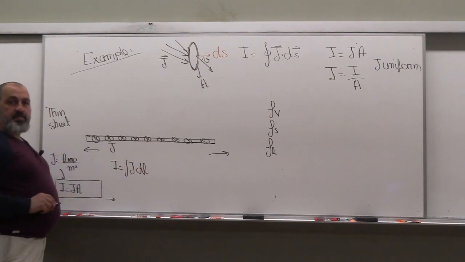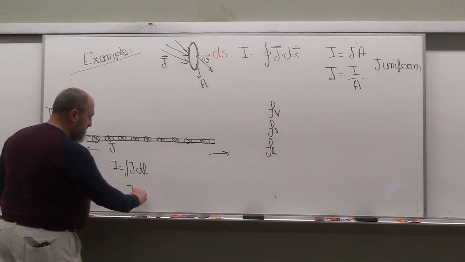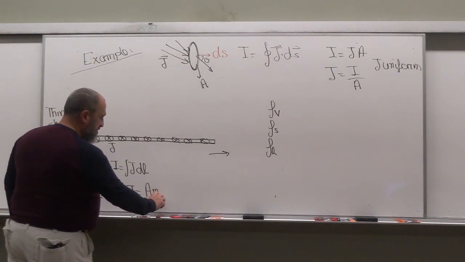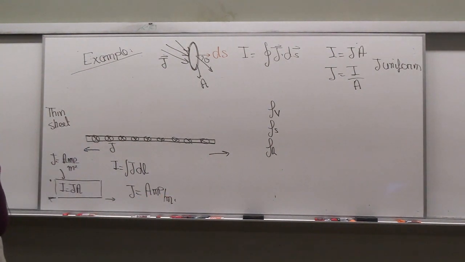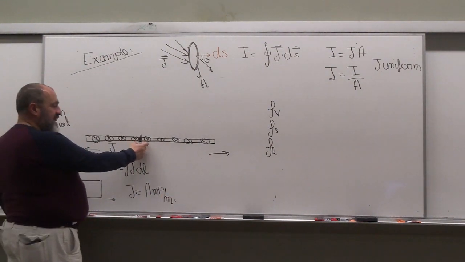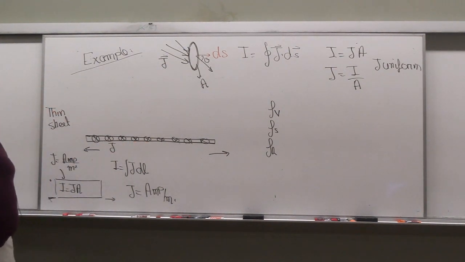So the current density J is given in amps per meter. If you take an element of length dl with current density J flowing through it, then the current dI is given by J dl.